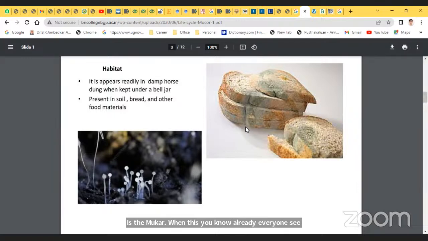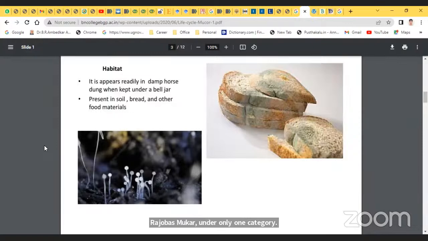Rhizopus. Rhizopus, sir. So bread mold is the same as Rhizopus. Rhizopus and Mucor are the same, like brothers or sisters. Okay. Rhizopus and Mucor come under only one category. The difference is in some aspects of sexual reproduction; the remaining things are the same. Clear?